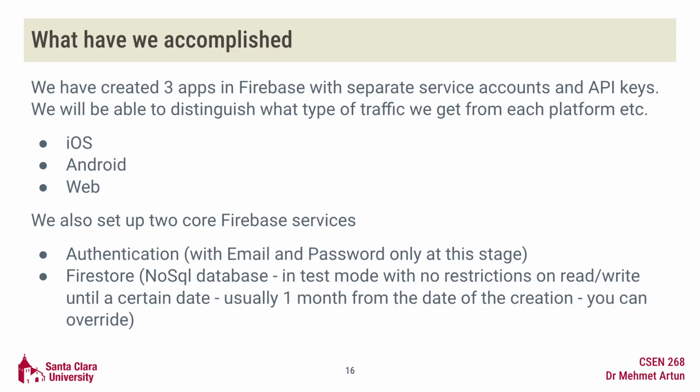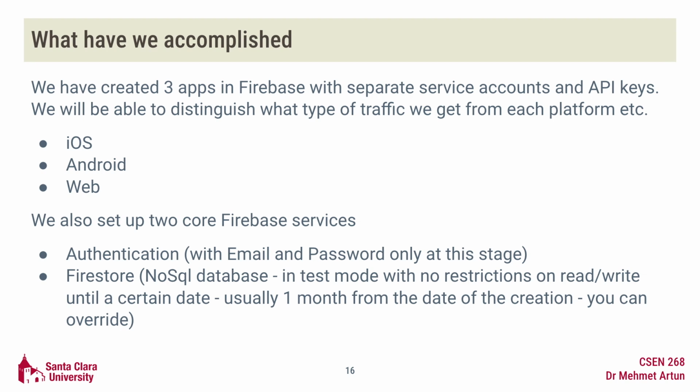Okay, so what have we done so far? We've created 3 apps in Firebase. We've created a namespace, and we've also set up 2 core Firebase services, and we have initiated our authentication with email and password.